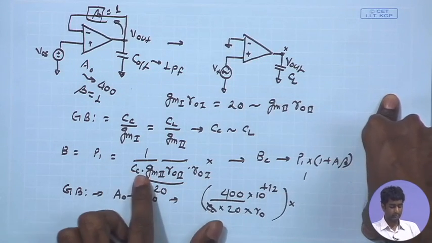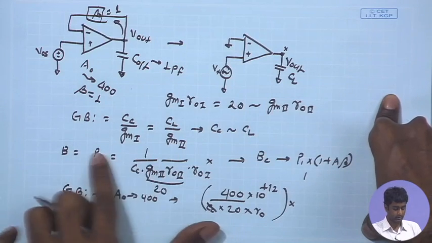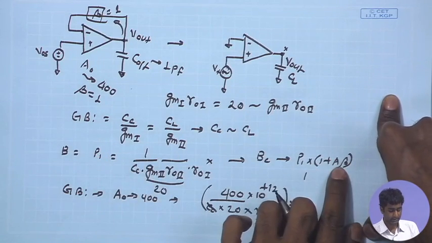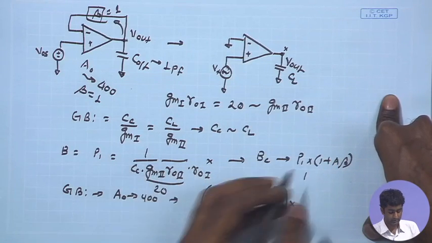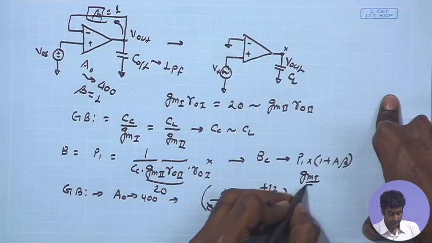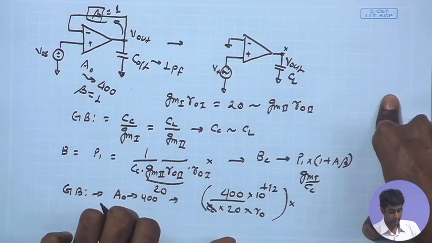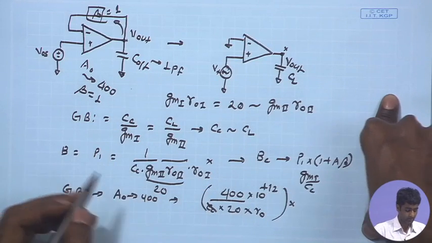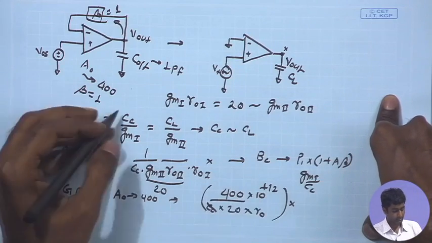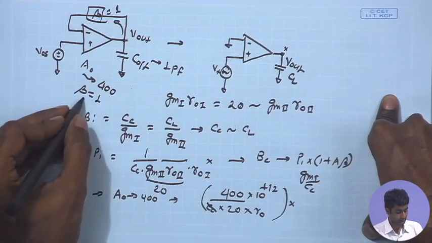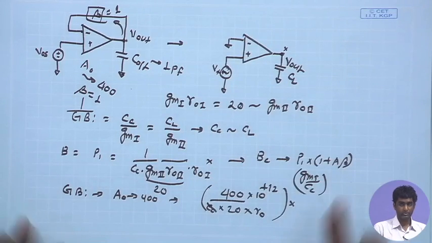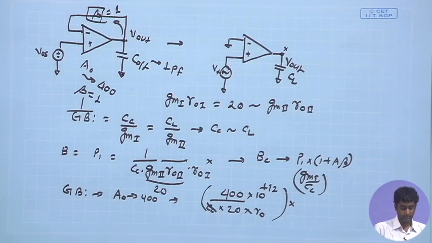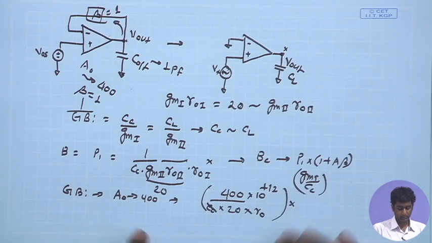So, you have P1, the open loop bandwidth, times 1 plus A beta, where this is just A, and A times this quantity once again gives me GM1 upon Cc. This is nothing else but my gain bandwidth product.